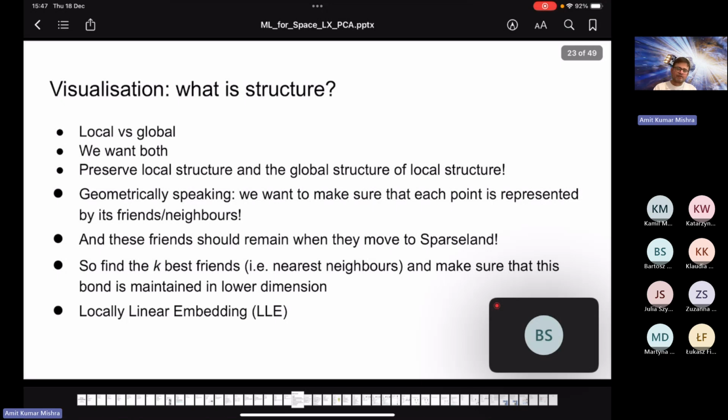Now you try to find out, for point 1 in the high dimension, who are the nearest neighbors? You want to preserve the first n nearest neighbors and also how far they are from each other, right? And if you preserve that, then the local structure is preserved, and that is what you do in LLE. Of course, it will not be the case when you randomly pick the points, so you iteratively change them, and over iterations it finds the most optimal choice of points in the 3 dimensions.